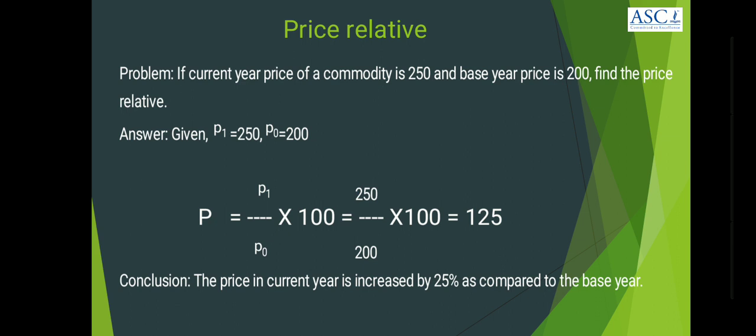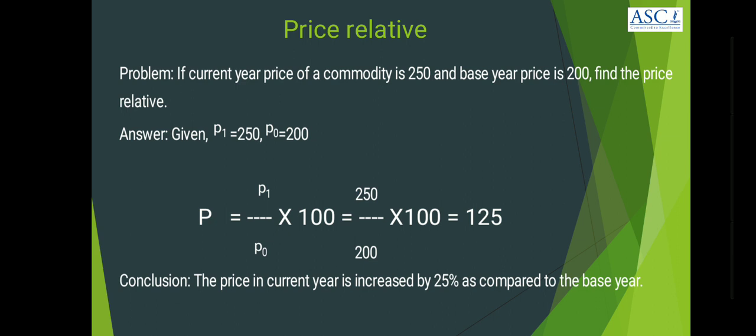Here is the problem. If current year price of a commodity is 250 and base year price is 200, find the price relative. While solving, first recognize the given data with notations. Given current year price p1 is equal to 250.